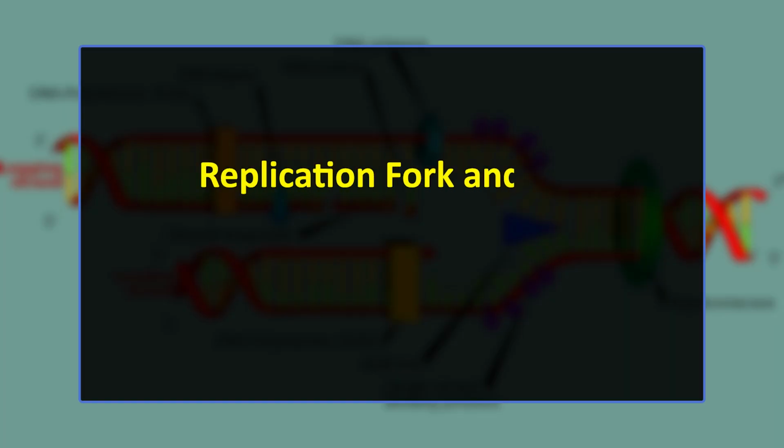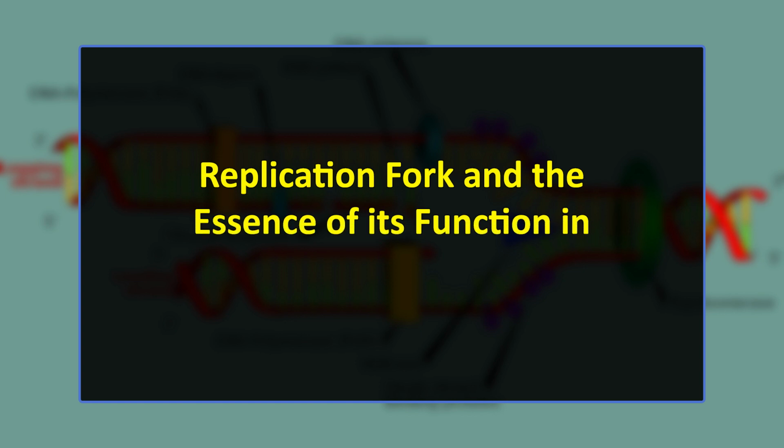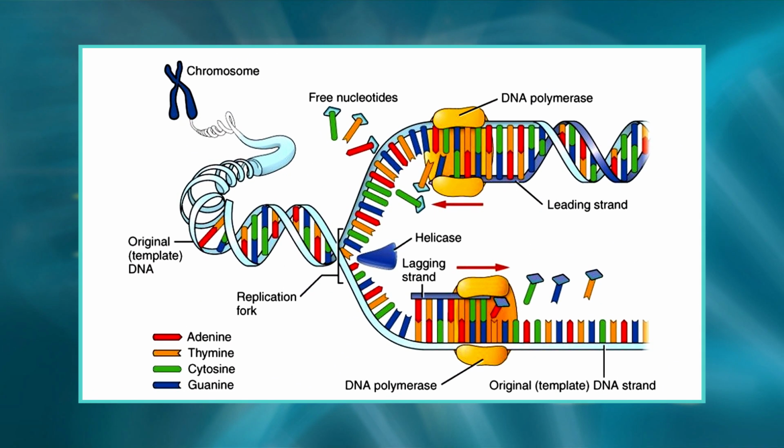defining the critical role of RNA in DNA replication. Now we will learn about the significance of the replication fork and the essence of its function in replication of DNA. The replication fork is the site of active DNA synthesis, where the DNA helix unwinds and single strands of the DNA replicate. Several sites of origin represent the replication forks.